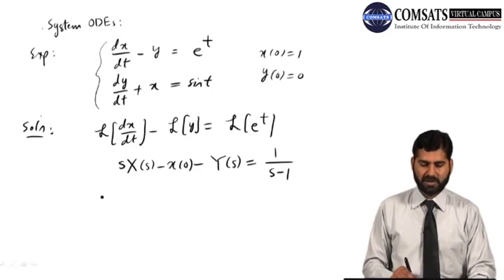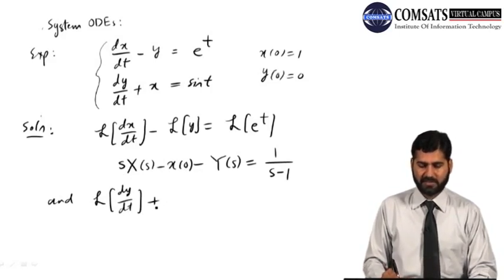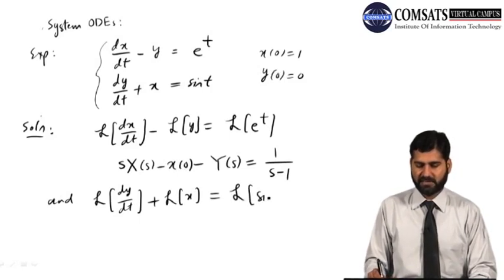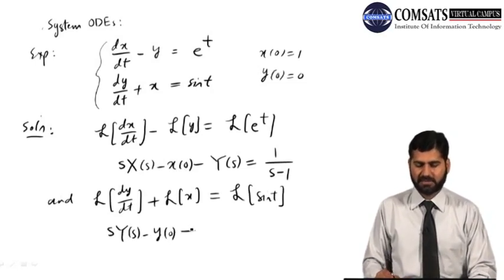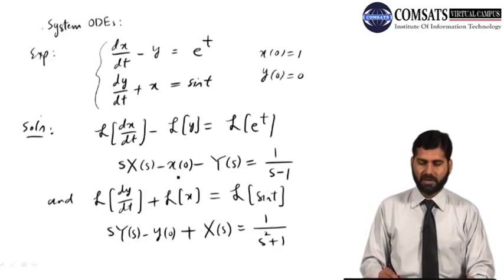Similarly, the Laplace transform of the second one is dy/dt plus the Laplace transform of x is equal to the Laplace transform of sine t. So this is sY(s) minus y(0) plus X(s) is equal to the transform of sine, which is 1 over s square plus 1. Now what is x(0)? x(0) is 1 and y(0) is 0.